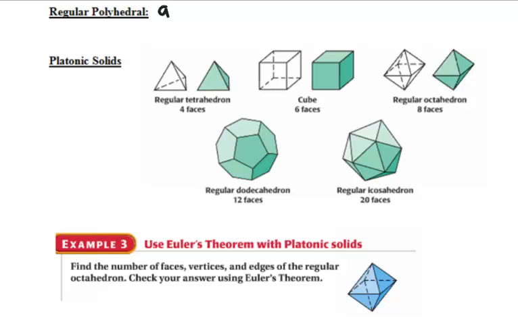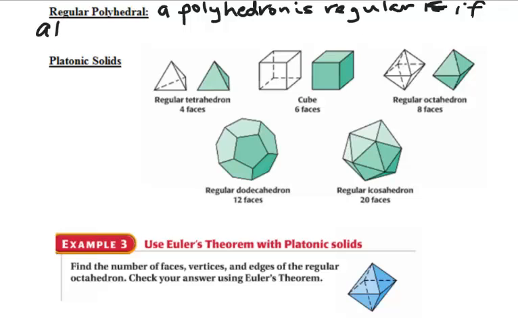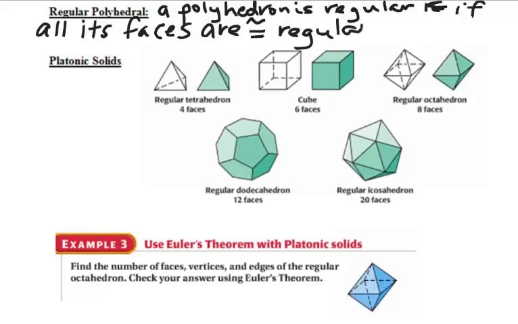It means that a polyhedron is regular if all its faces are congruent regular polygons.